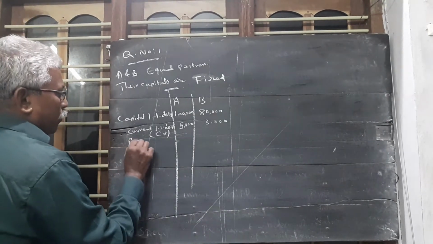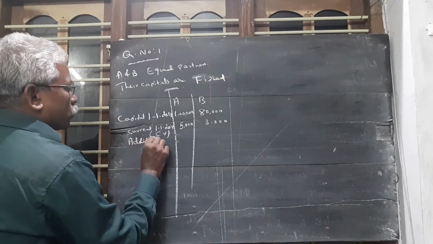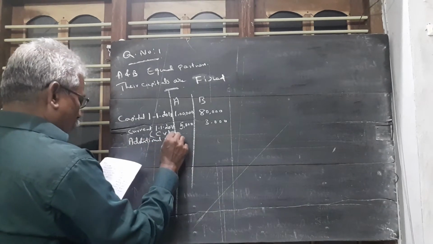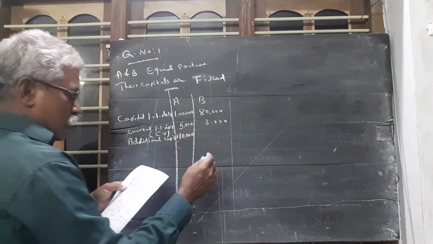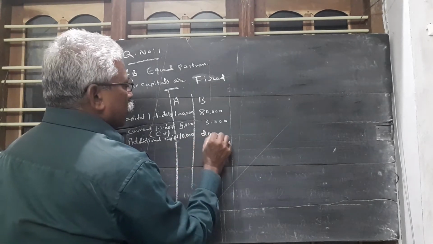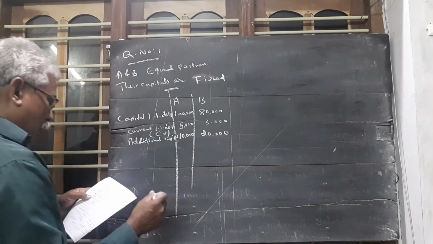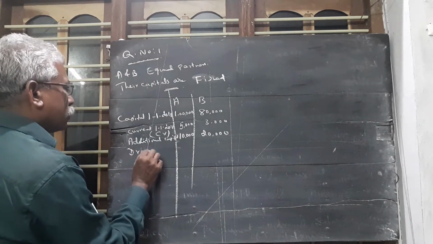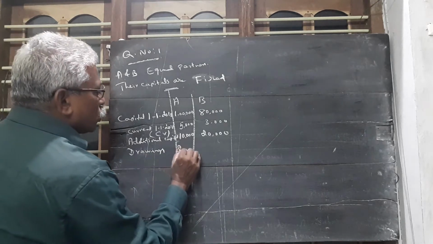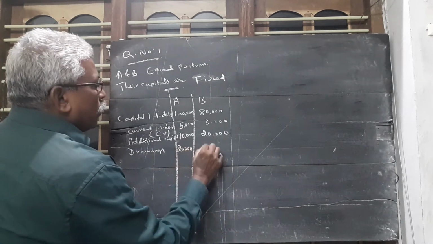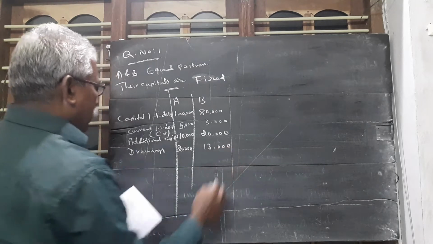Additional capital of A is 10,000, B is 20,000. Then drawings: A is 20,000, B is 13,000.